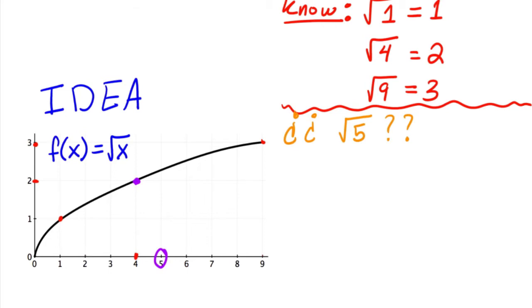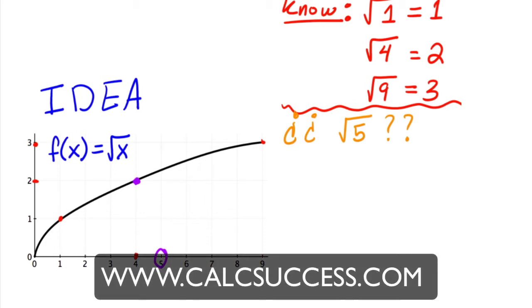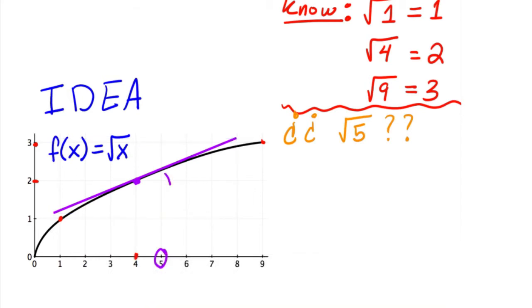Notice how if I draw a tangent line right here at 4, that tangent line at 5 is really close to the value of square root of x. So very, very close.